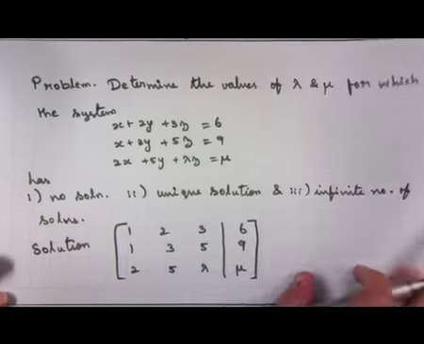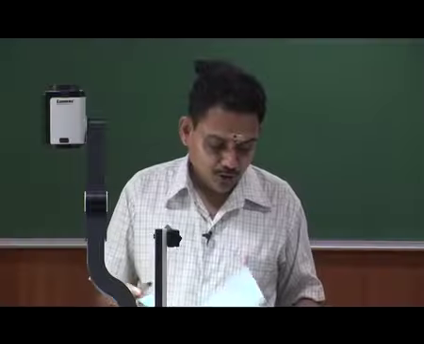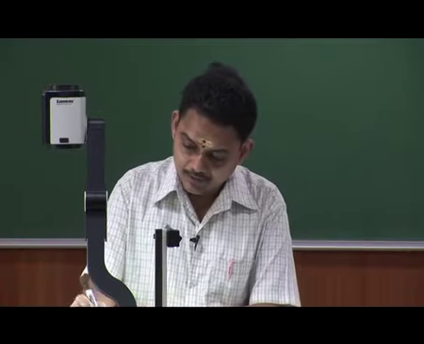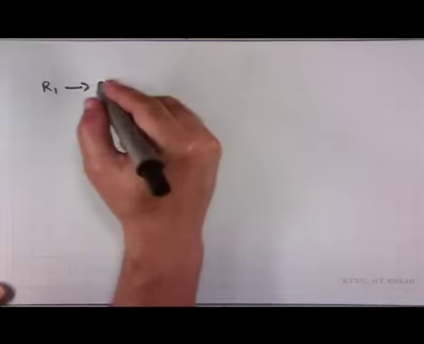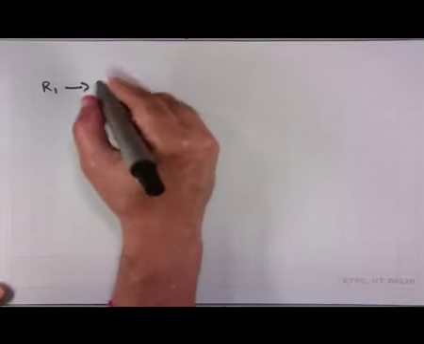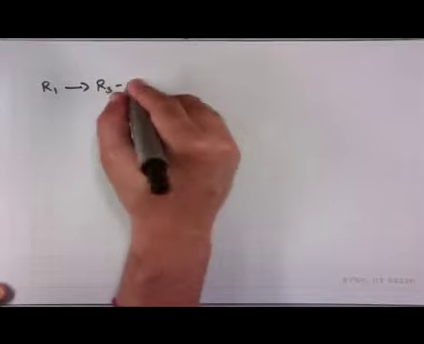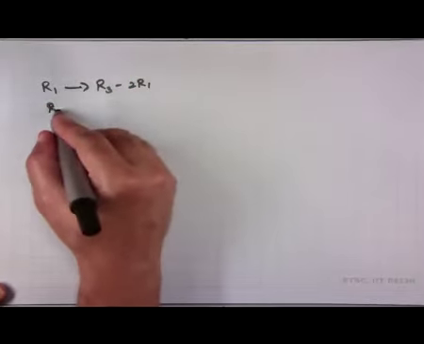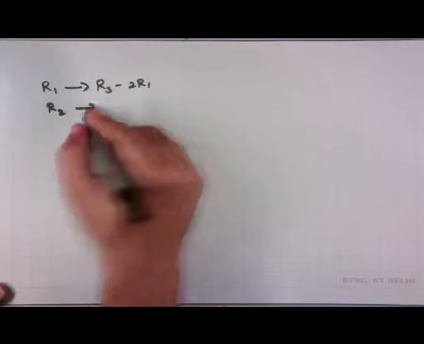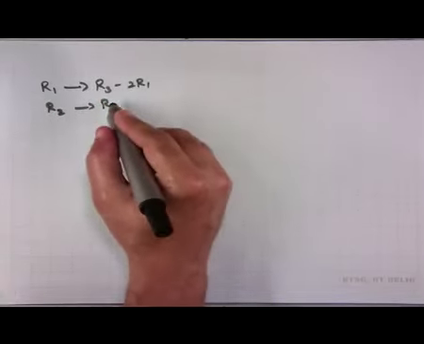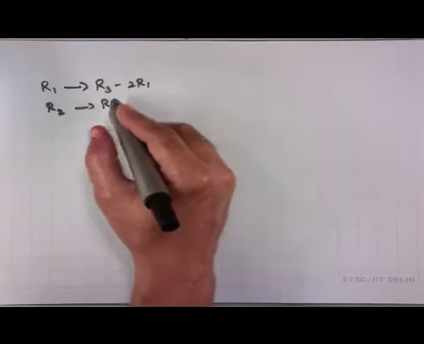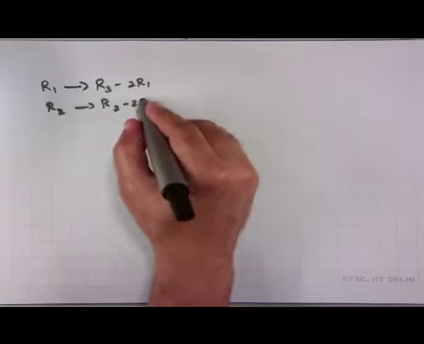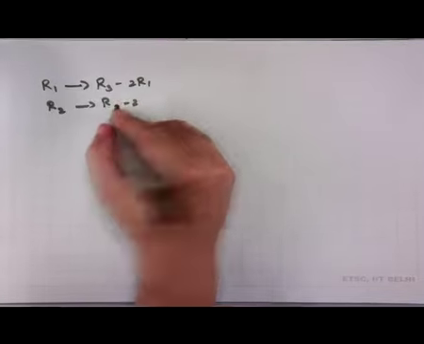This is the matrix. Let us do the following operations. R3 is replaced by R3 minus 2 times R1, and R2 is replaced by R2 minus 2 times R3 minus 2 times R2.